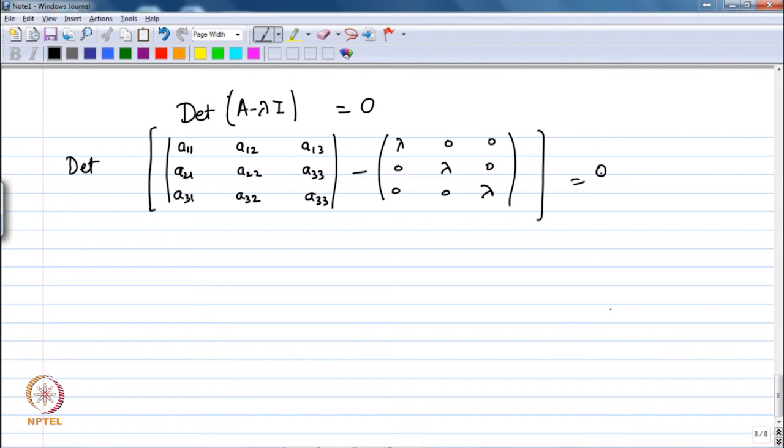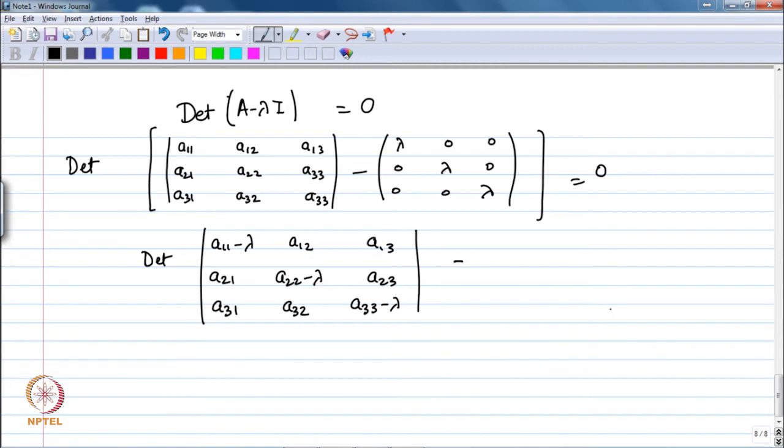So this will look like the determinant of A11 minus lambda, A12, A13, A21, A22 minus lambda, A23, A31, A32, A33 minus lambda, equal to 0.